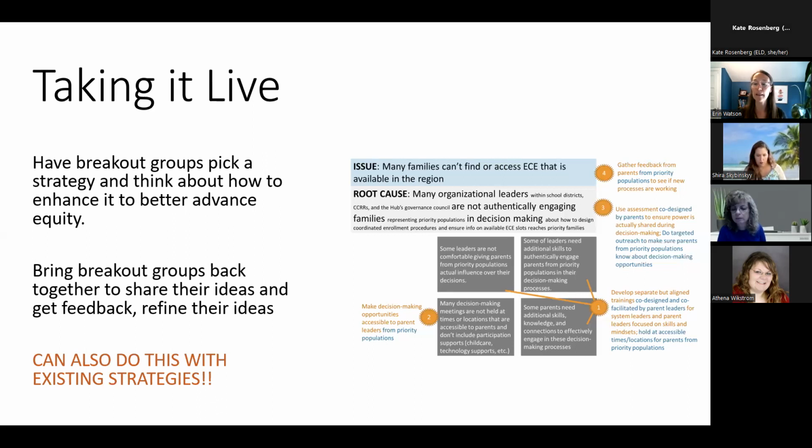And so you want to embed this and encourage people to apply these tips everywhere retroactively. What are some strategies we're using right now that we might need to think differently about? How can we enhance them, as well as new strategies that you're developing, and have it permeate lots of different places. Okay, any questions on advancing equity, that tip?